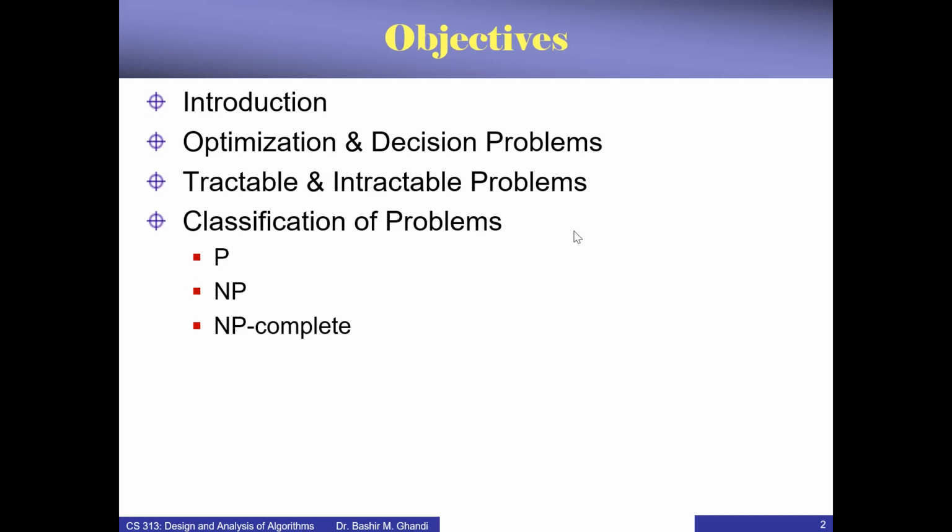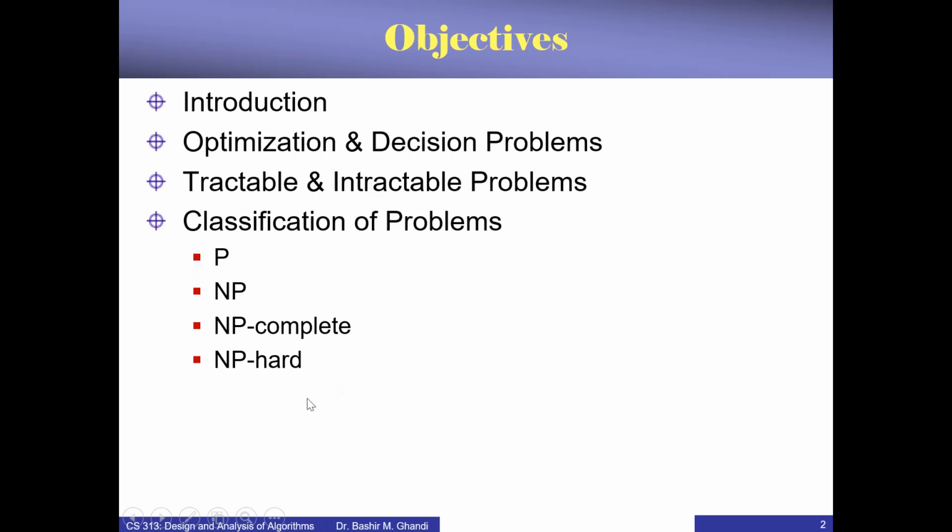and a class of problems that is called NP-complete, which, as you saw there, is the title of our lecture. So we're going to spend a lot of time explaining what this class is. There's also another class called NP-hard.